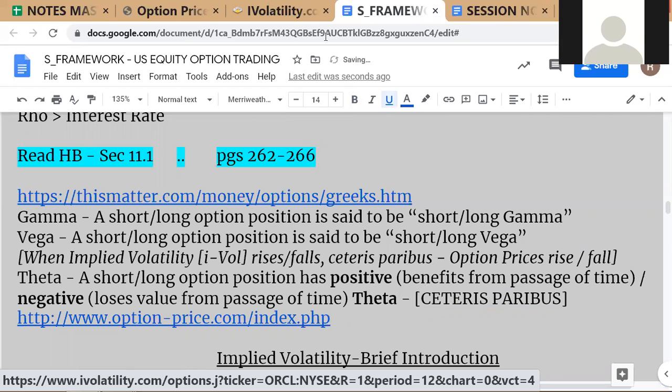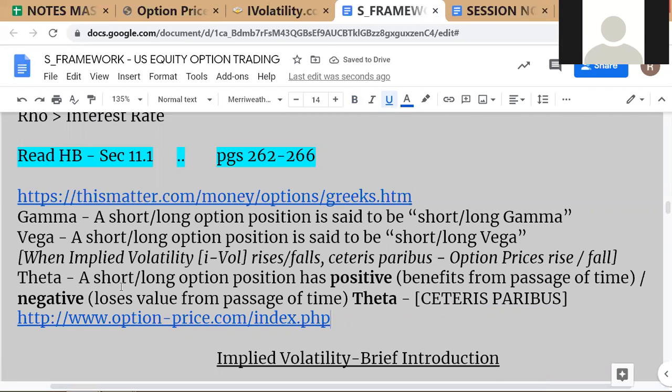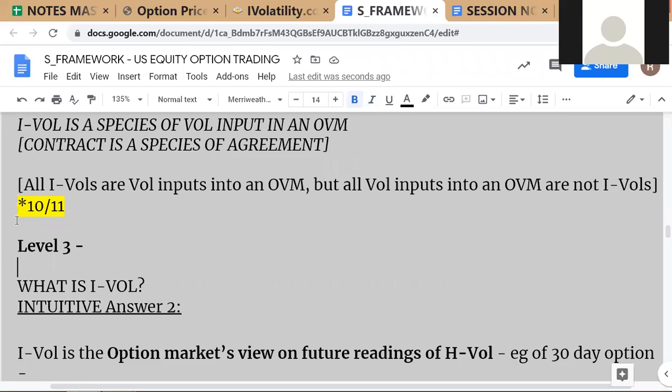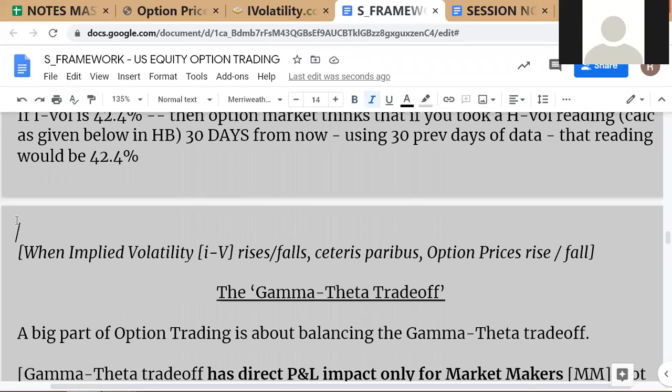So what we're trying to say in the gamma theta trade-off is that we can take this whole thing here and repeat it a little bit when we are discussing the gamma theta trade-off.